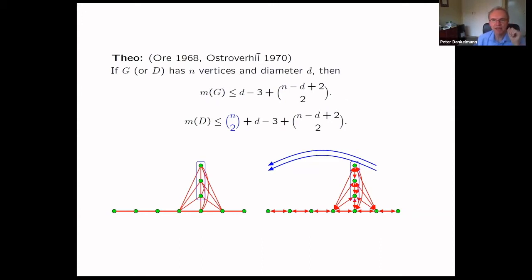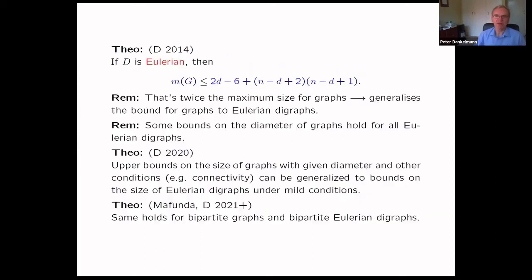And that means it generalizes this bound on the size of graphs of given diameter and order, simply because I can do what I did earlier on. If I have a given graph, by replacing every edge by two directed edges in opposite directions, I get an Eulerian digraph whose number of edges is twice as big.